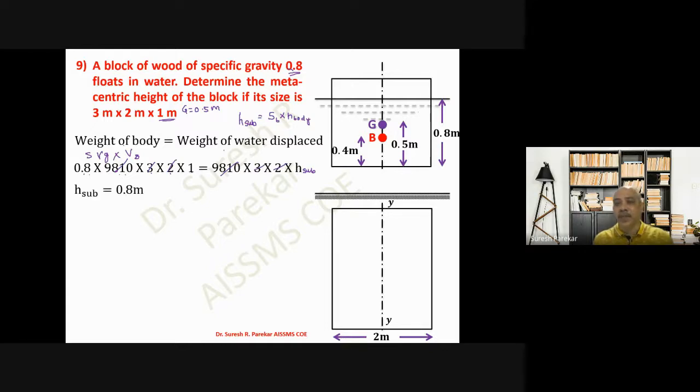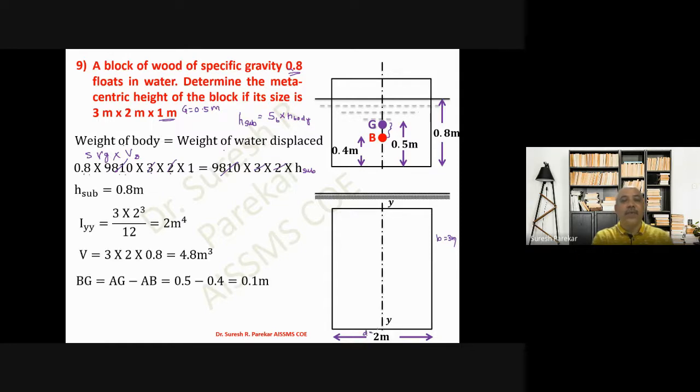So if height submerged is 0.8, so automatically point of buoyancy is 0.4, and we will get GB value 0.1 meter. So now we find I: we have B as 3 meter, we have D as 2 meters, and from this we will get I as 2 meter 4, V 4.8 meter cube, and then we will get BG 0.1 meter.